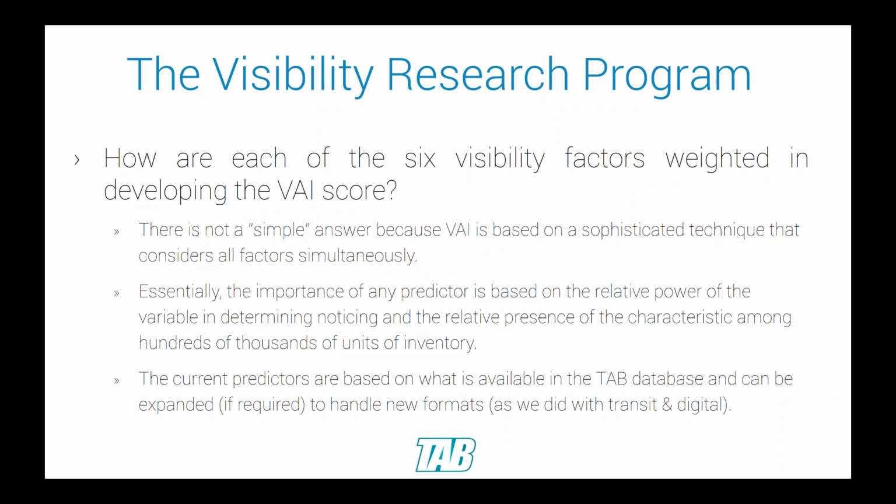There's your VAI score. Simple, easy. There's a complex algorithm that goes into developing this for each particular unit, with all of its constraints in tandem. Basically, though, the importance of any predictor is based on the relative power of the variable in determining noticing and the relative presence of that characteristic among hundreds of thousands of units of inventory.